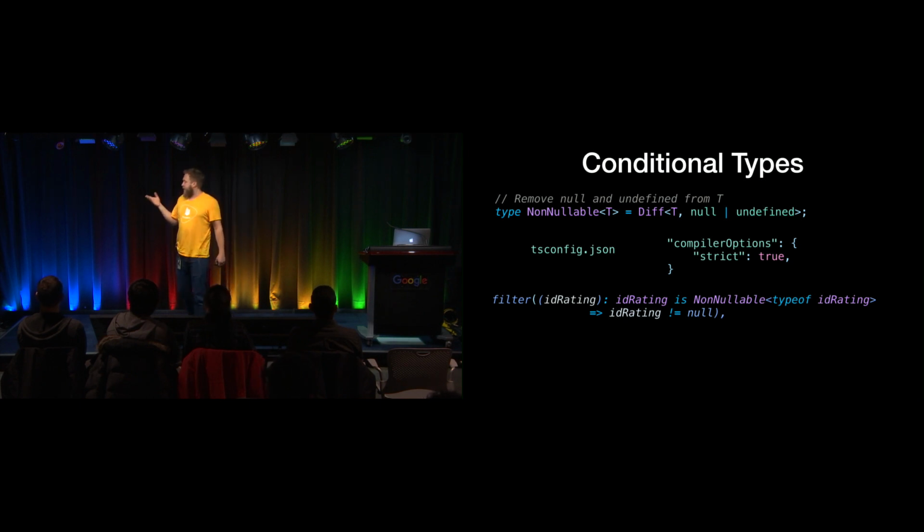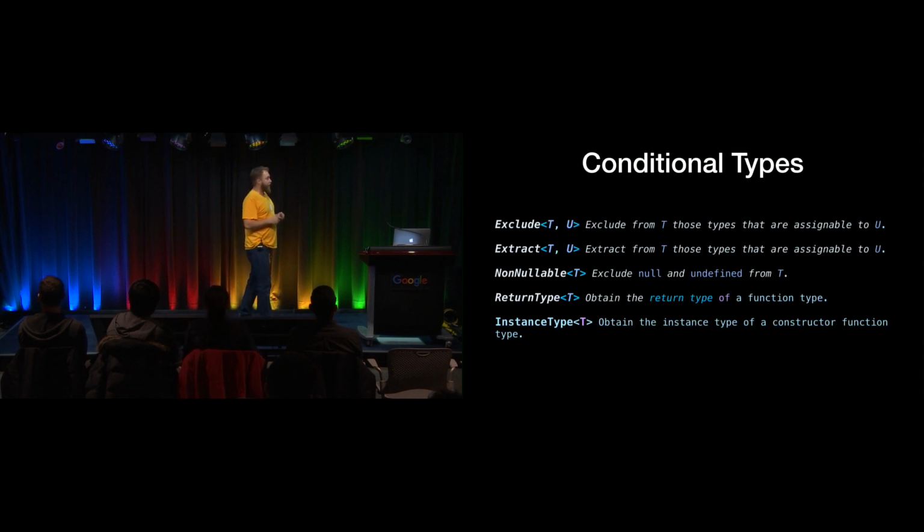We could have said ID rating is number after this. But if ID rating is a more complicated type that you need to import and all that stuff, sometimes you don't want to do this. You say whatever the type of ID rating is, after this function, it can no longer be null or undefined. So this is how we would use it. It's a pretty cool thing, and we use it quite a lot.